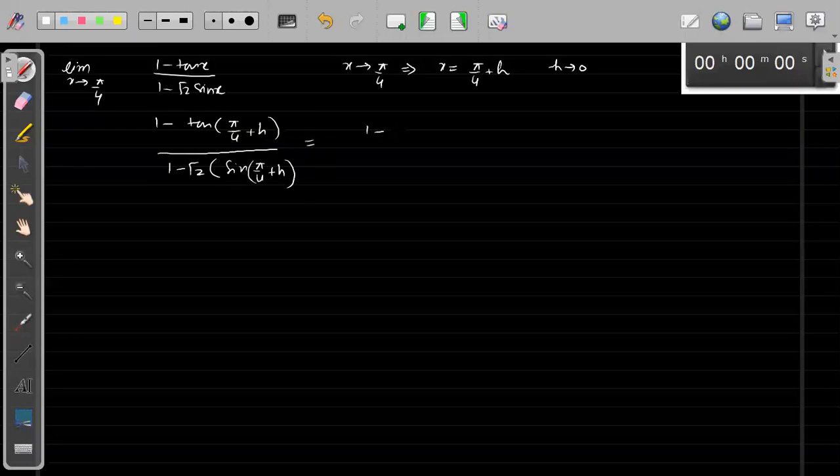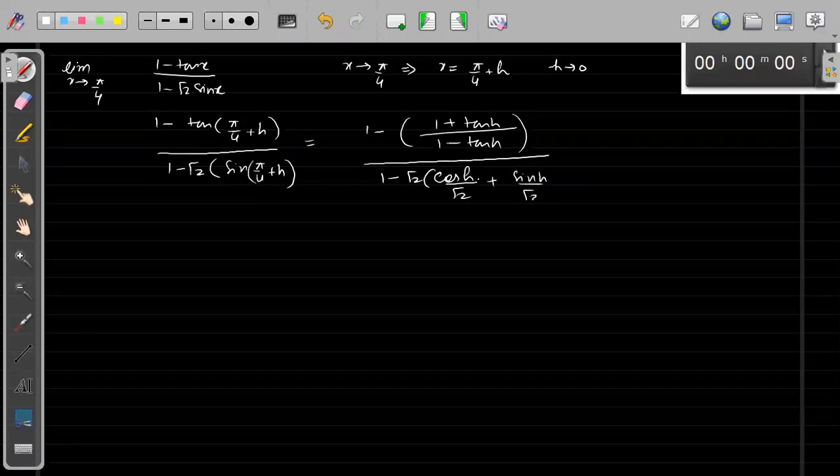So this will be 1 minus the whole thing of 1 plus tan h divided by 1 minus tan h, divided by 1 minus root 2 sine of pi by 4 plus h, which is cos h into 1 by root 2 plus sine h divided by root 2, right?